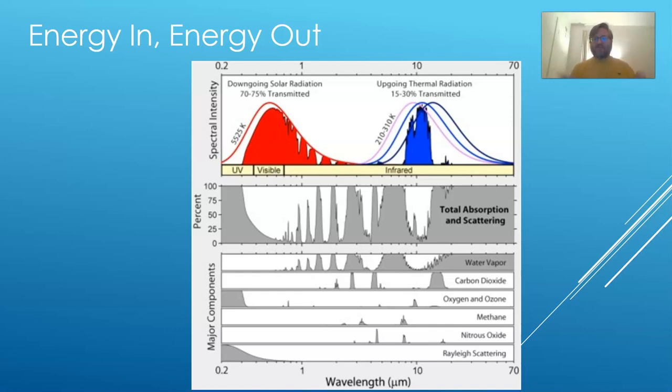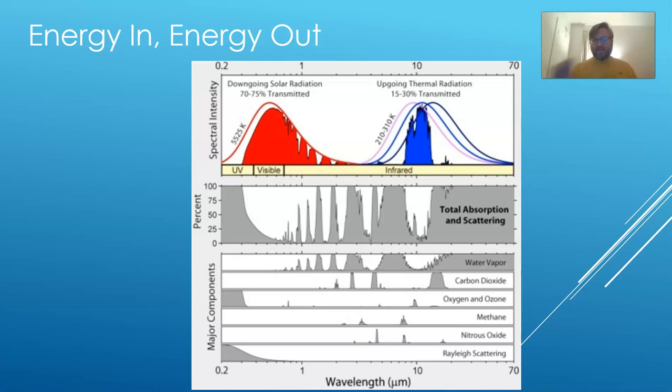You can see the actual energy that's leaving is overall much less than what the Earth is producing, and that it's way less in particular wavelengths. There are some wavelengths where a lot of energy is getting through, other wavelengths where almost nothing is getting through. And we can break that down by the different components of the atmosphere that are absorbing parts of that energy.